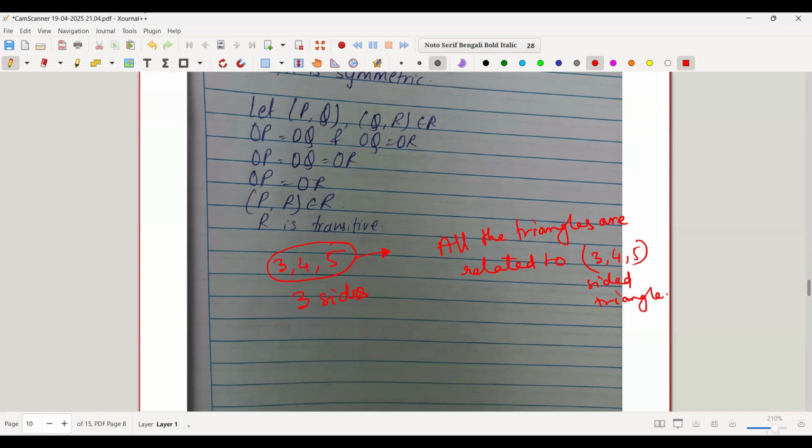Though this is a right angle triangle, because of the relation defined here, it is irrelevant to the sides. It is not significant for us that it is a right angle triangle. As it is a triangle, all triangles are related to this triangle.